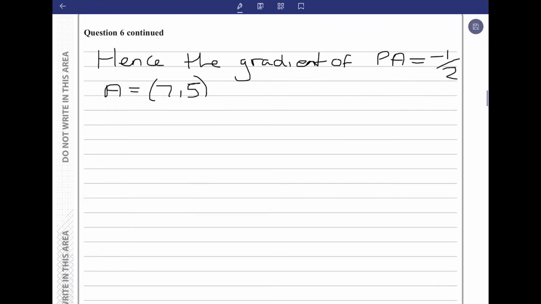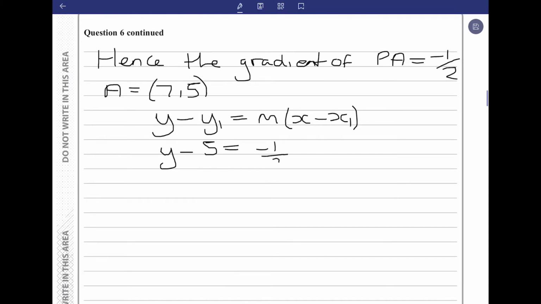Now we just use the equation of the line formula, which is y minus y1 equals m times x minus x1. So let's plug in our values. y1 is 5, gradient is minus a half, and x1 is 7.